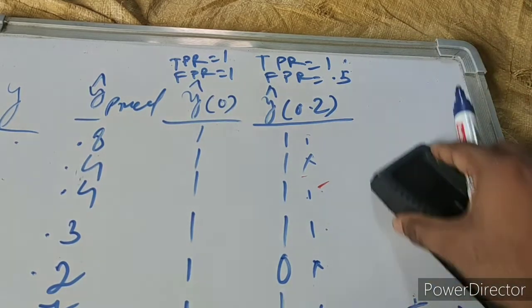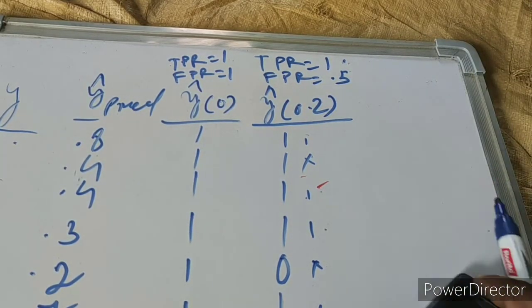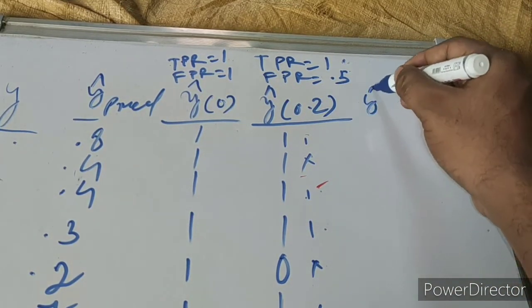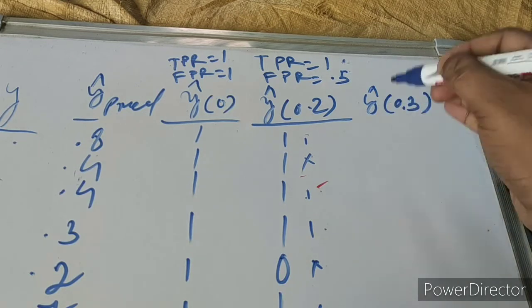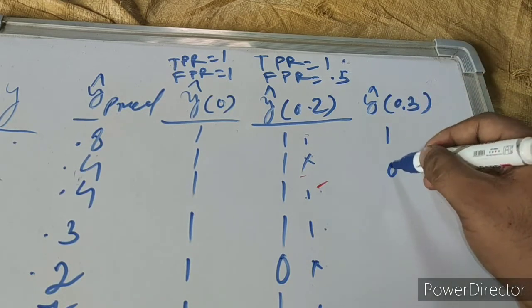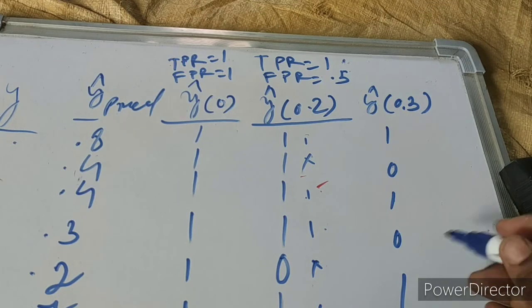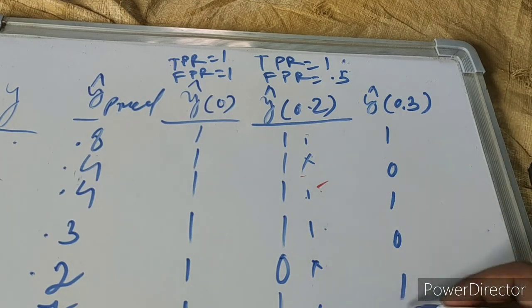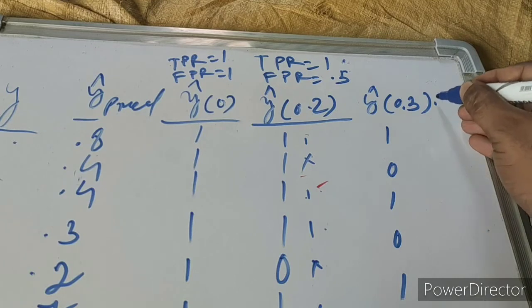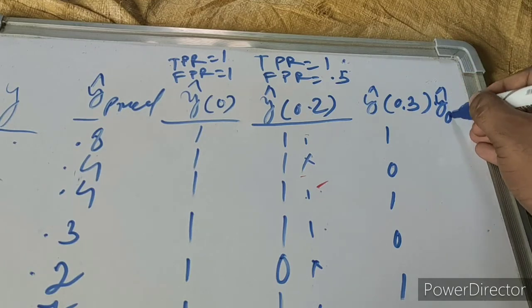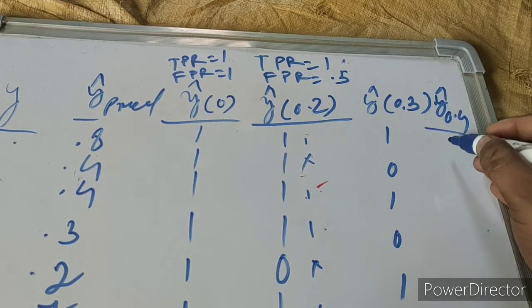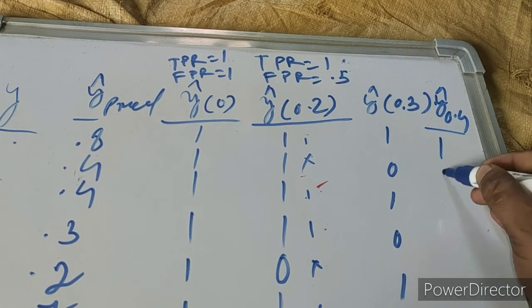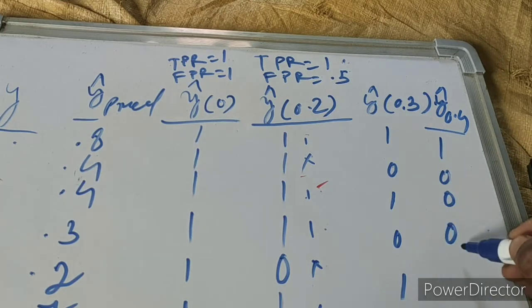Suppose we proceed with different threshold values. For y cap 0.3, some kind of value will come like this. If we proceed for y cap 0.4, the value will come like 1 0 0, 0 0 1, like this.